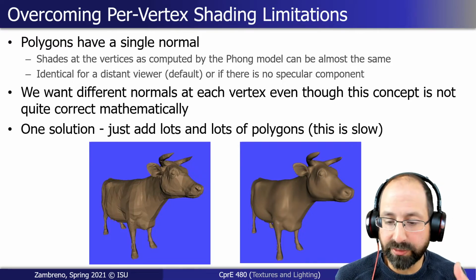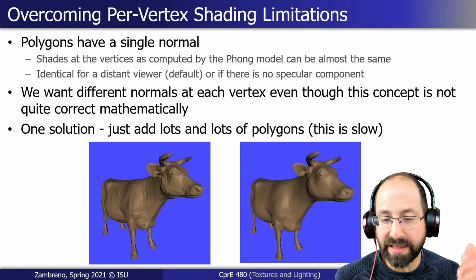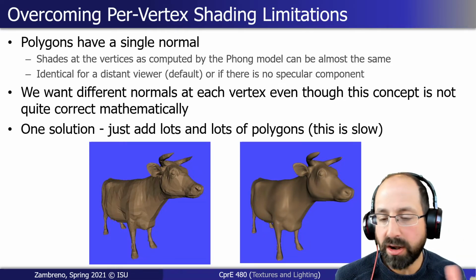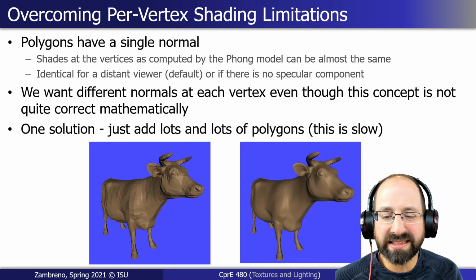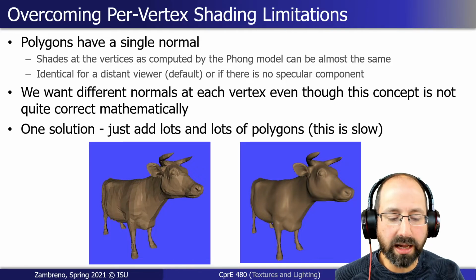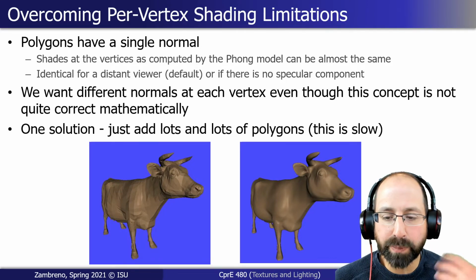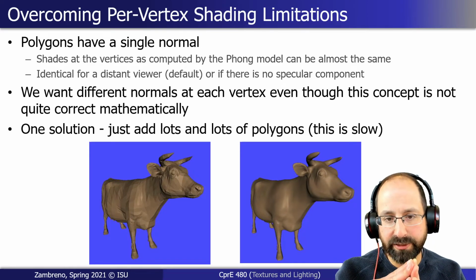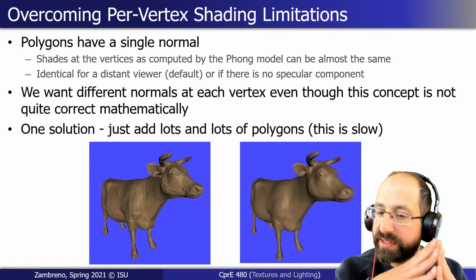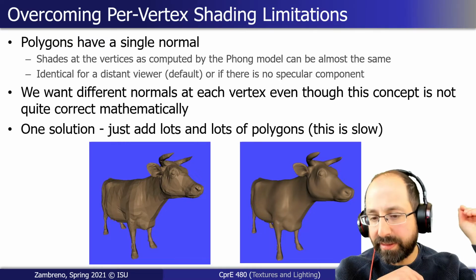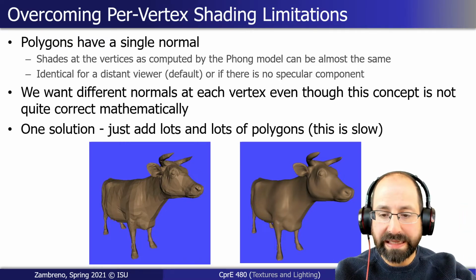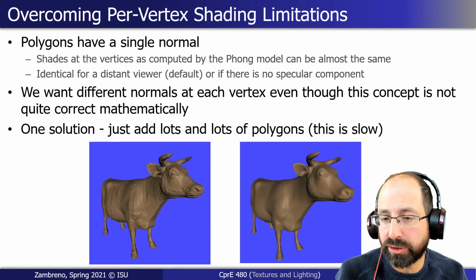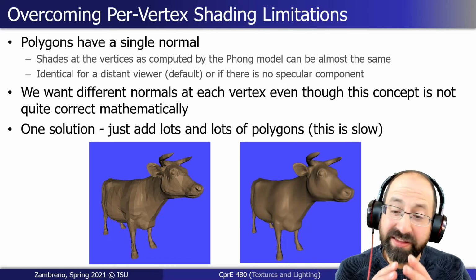That is fine. There is some validity to that approach. If all we have for each vertex is a single normal value for all three in the same triangle, what you get is per polygon shading, where because each of the three vertices in your triangle has the same normal, their math in calculating, in the vertex shader, the contributions of the specular and the diffuse terms of the shading model would be the same.